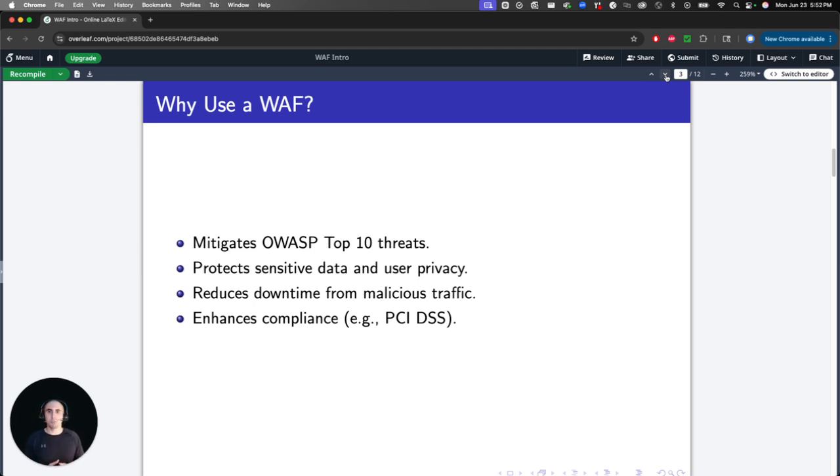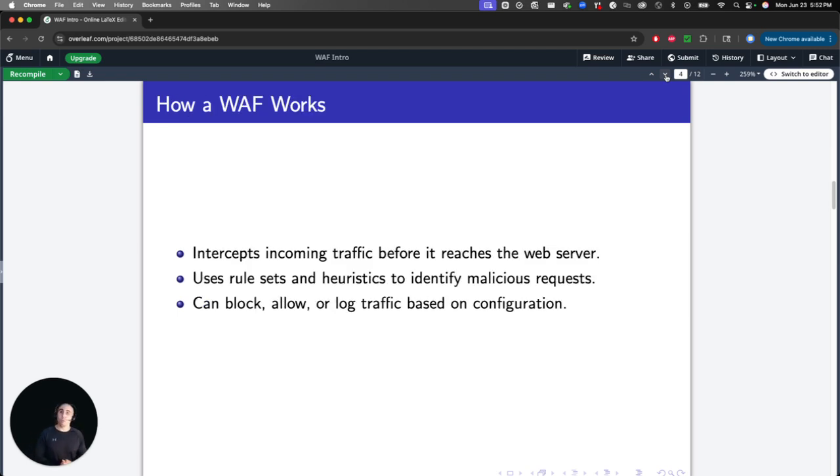You don't want your site to be down when you have a SQL injection attack or some sort of a DDoS attack. You want to make sure that your site stays up and running, and a WAF will help you do that. It enhances compliance, PCI DSS, just like we were talking about with credit cards. Yeah, it covers it.